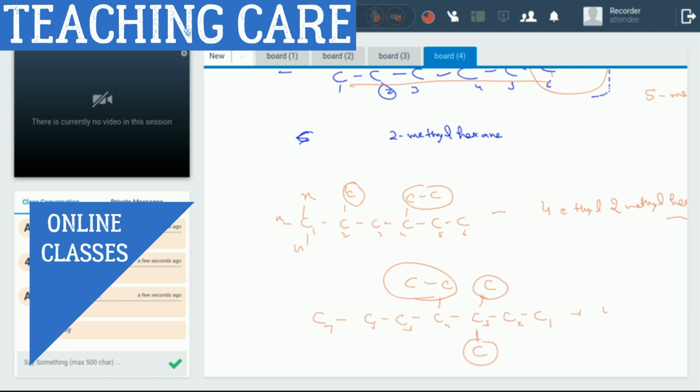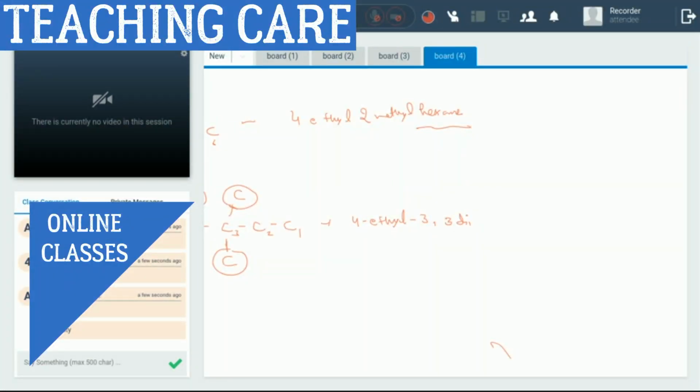So we can say 4 ethyl, 3 dimethyl heptane. Am I right? Because at the 3 there are two methyl. So always assign two positions for two methyl, and one position for one ethyl. Clear that? Clear.